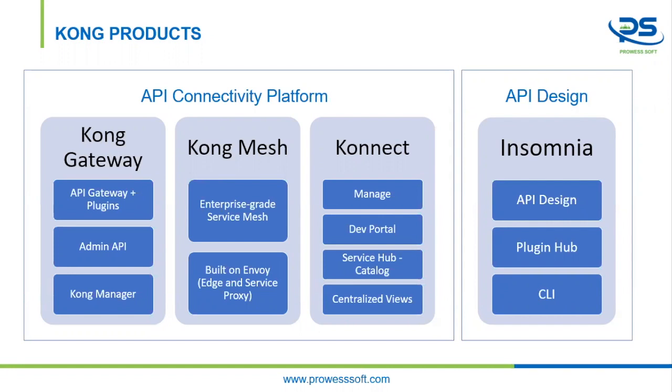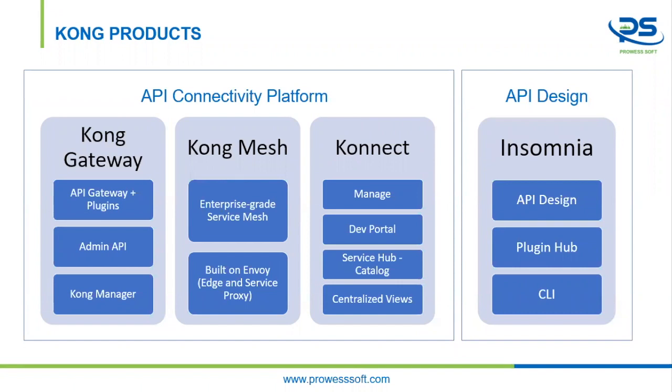It also features a service hub, which is a catalog of all the services that you have in your enterprise. It also provides centralized views with vitals that are needed for effective understanding of the API ecosystem. Note that most of the services on the Connect are through an enterprise subscription.